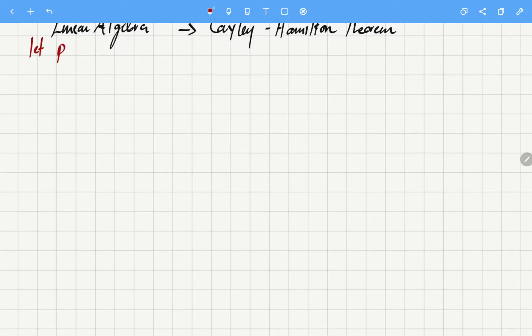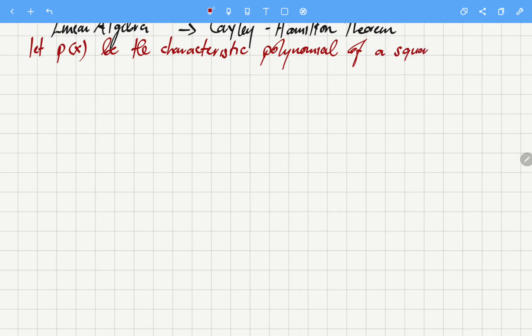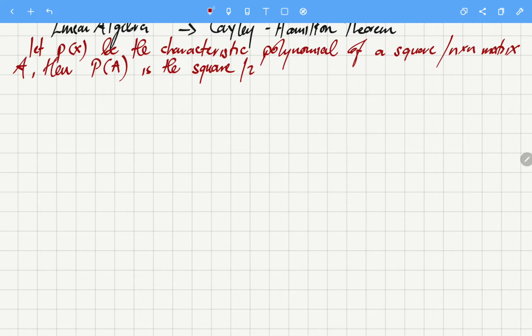Let p(x) be the characteristic polynomial of a square, or n by n, matrix, and let's just call it matrix A. Then p(A) is the square, or n by n, zero matrix.